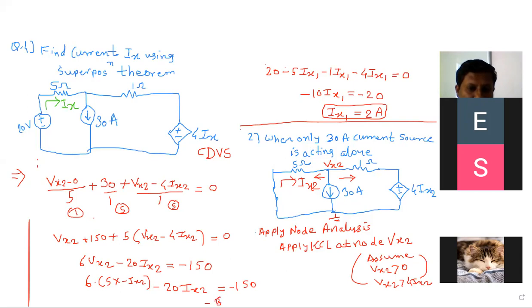Yes, minus 50 Ix2 is equal to minus 150.